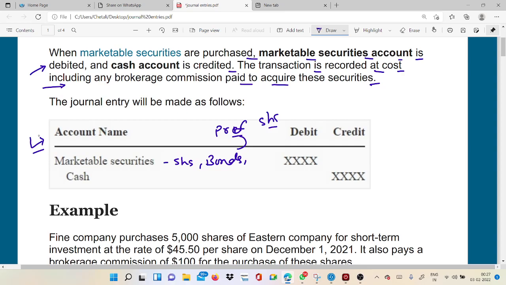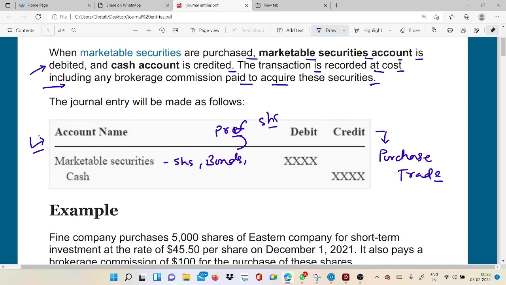This entry would be for a purchase trade. Suppose you are working for JP Morgan, and JP Morgan has purchased securities from State Street for cash.